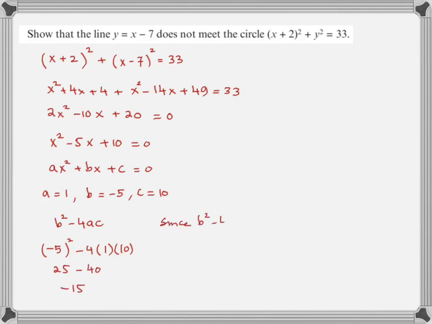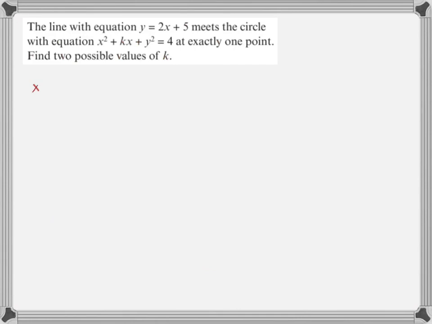You cannot take the square root of a negative number unless you study complex numbers in P3, and that would be a year later on. For right now, what you need is that you get a quadratic equation. The b squared minus 4ac is negative. No solution. What's the implication? The line does not meet the curve.